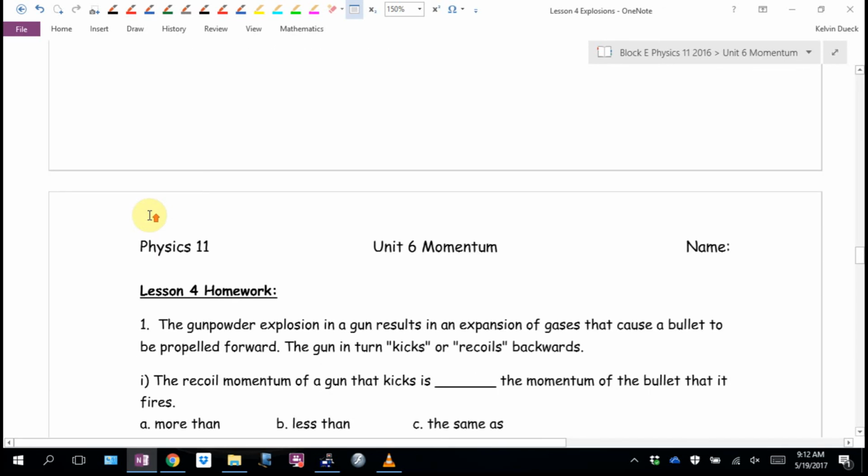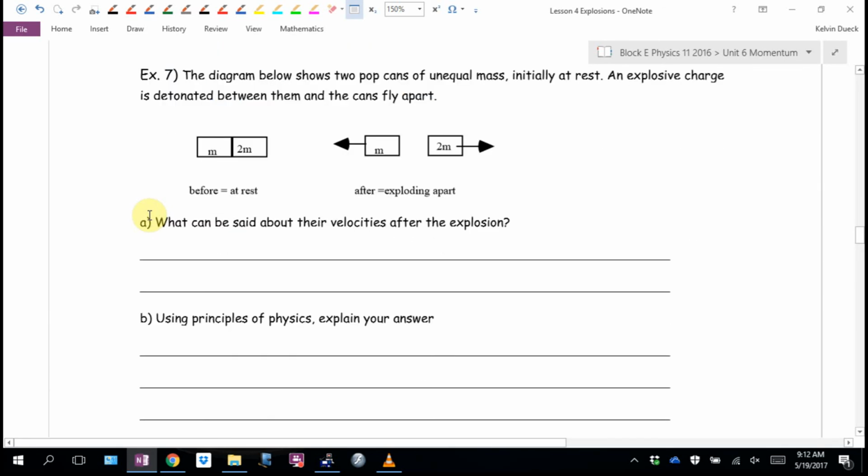I think this is the last one. Yeah, last one. The diagram below shows two pop cans of unequal mass. One is mass M, the other is mass 2M. An explosive charge is detonated between them and the cans fly apart. Boom! What can you tell me about the velocities after the explosion?